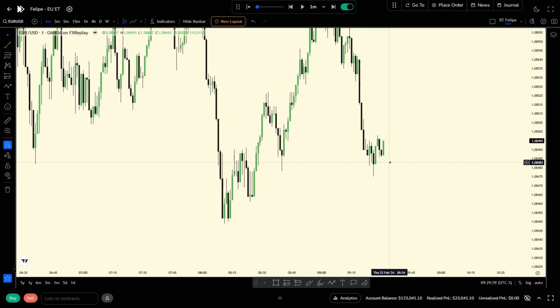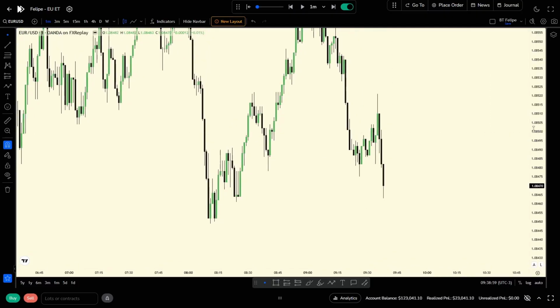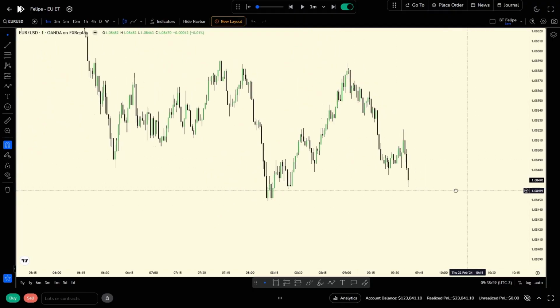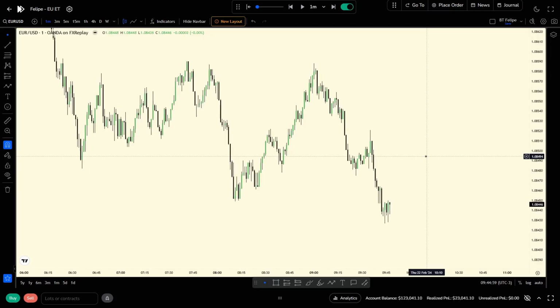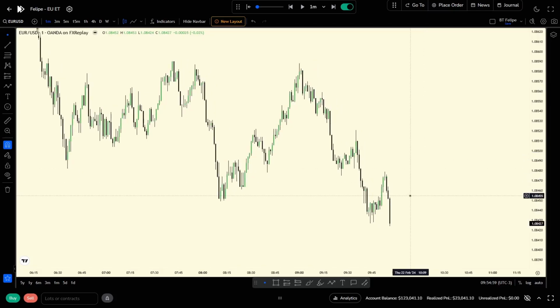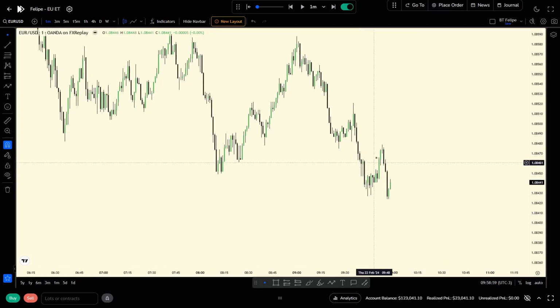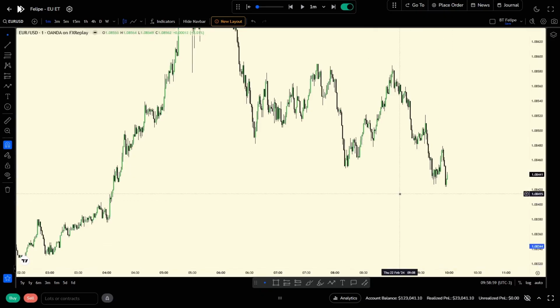This could kind of be another one. Very small. Now this one looks better.